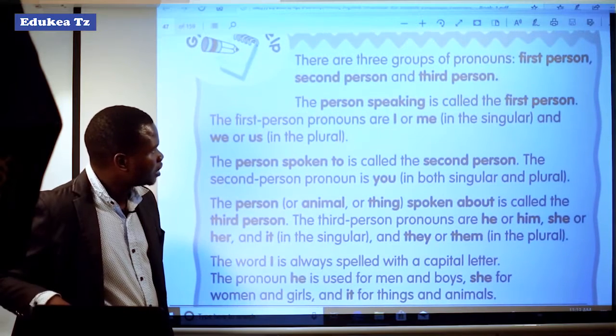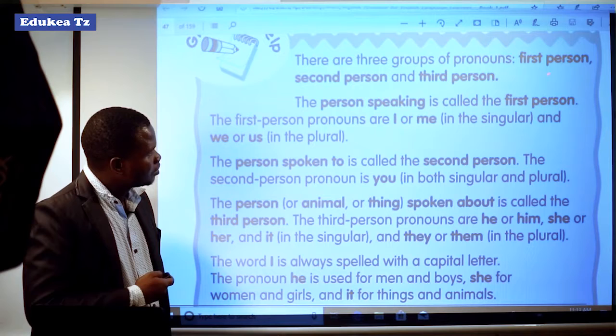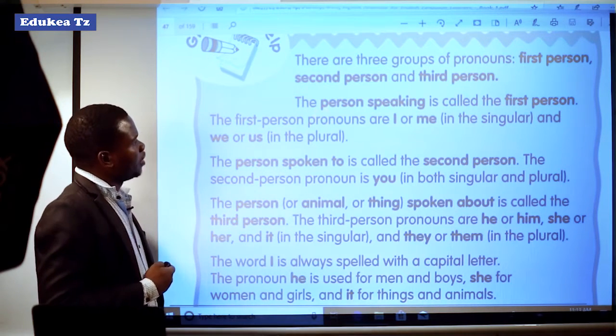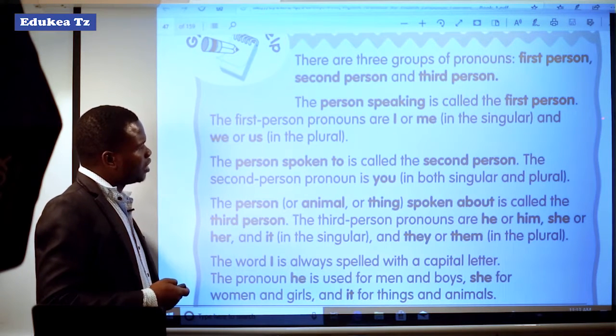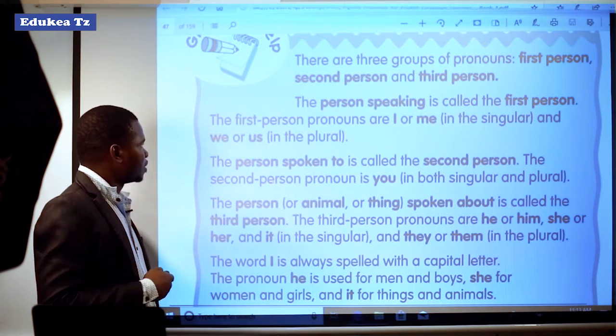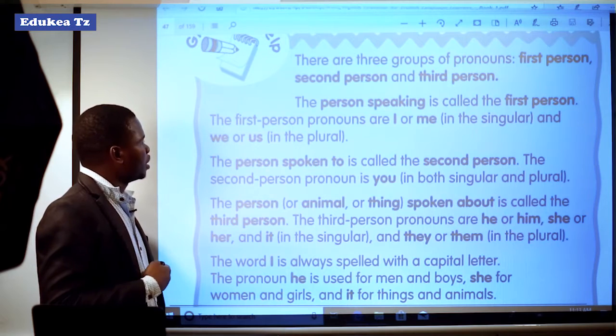And there are three groups of pronouns, that is the first person, second person, and the third person. The person speaking is called the first person. The first person pronouns are I and me in the singular and we and us in the plural.